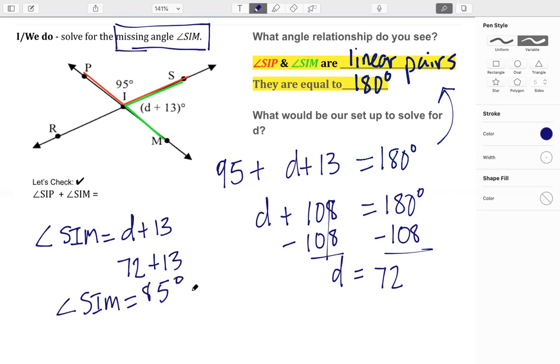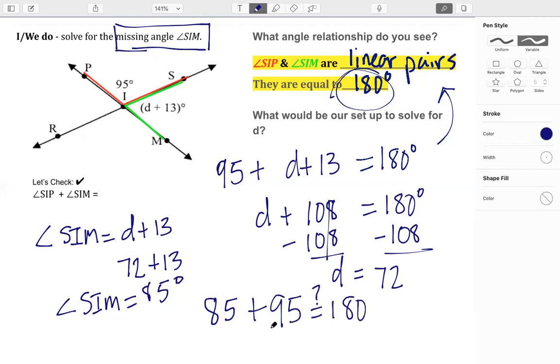Now, something that's really cool about this is when you go in to check, you can actually verify if indeed the two angles SIP and SIM are equal to 180 degrees, because didn't we say linear pairs are equal to 180? Absolutely. So is it true that 85, which is the green angle, SIM, plus 95 is equal to 180?